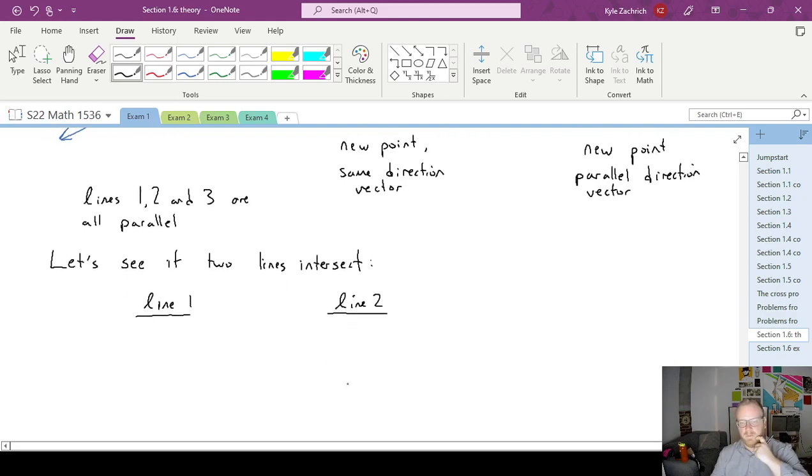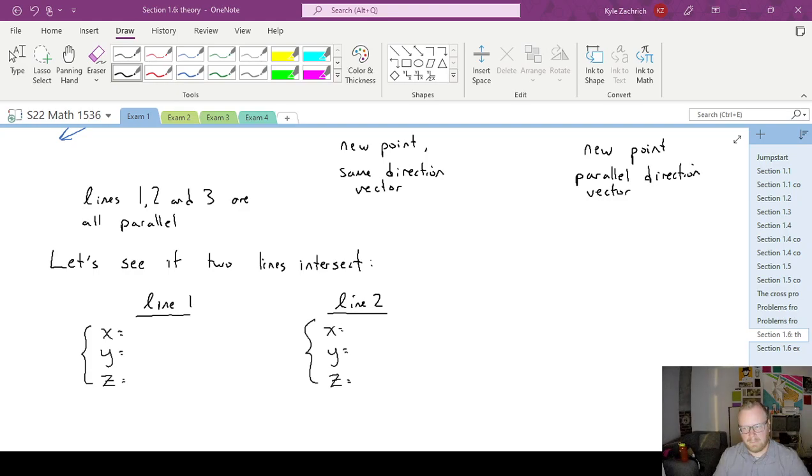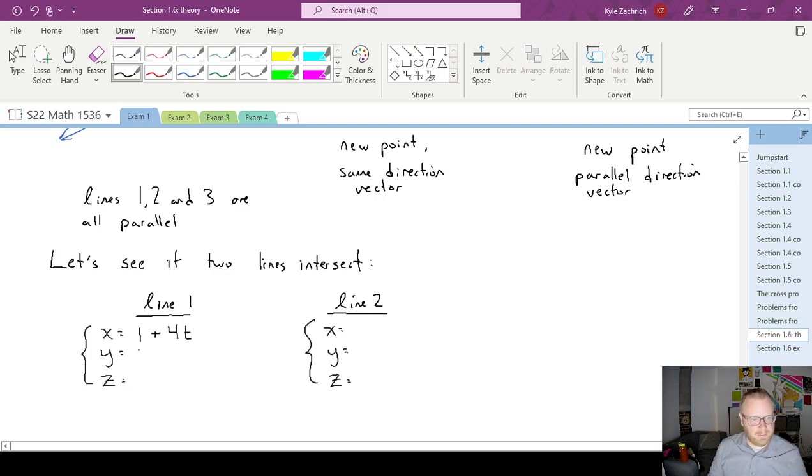So here's line 1 and line 2. Let's say line 1 where this equation is our familiar line.